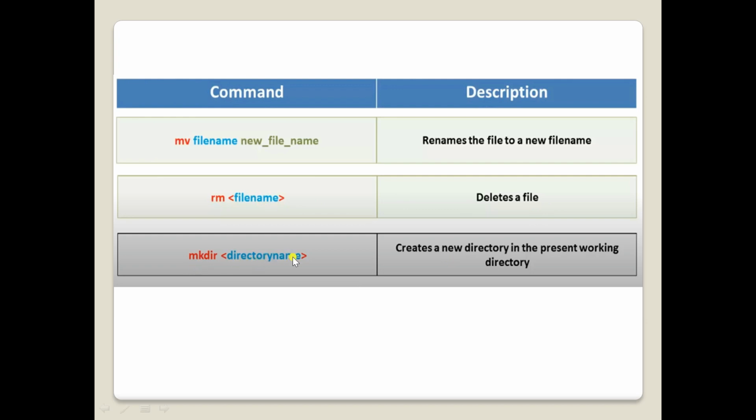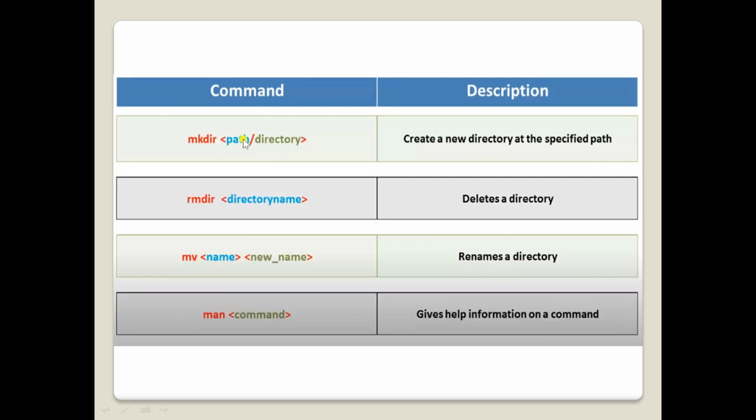mkdir space directory name creates a new directory in the present working directory. mkdir then the path then the directory name creates a new directory at the specified path. Then rmdir space then the directory name deletes a directory. mv space the directory name, then the directory new name, will rename your existing directory.